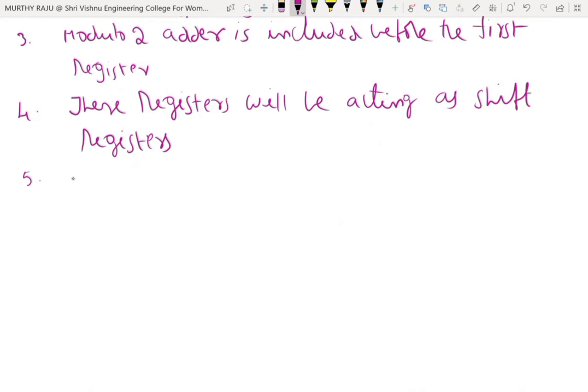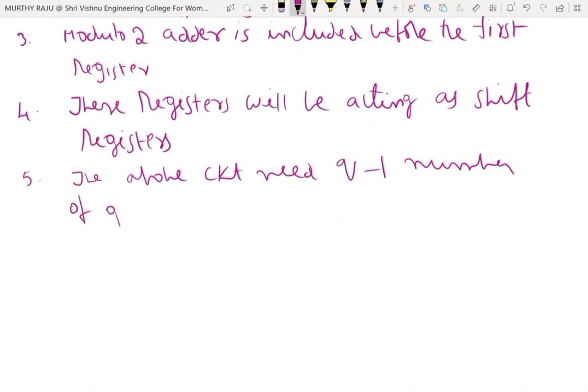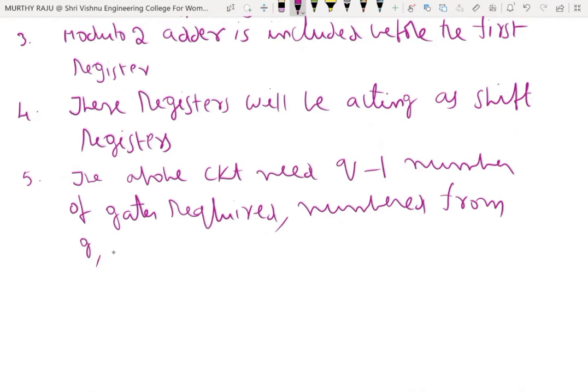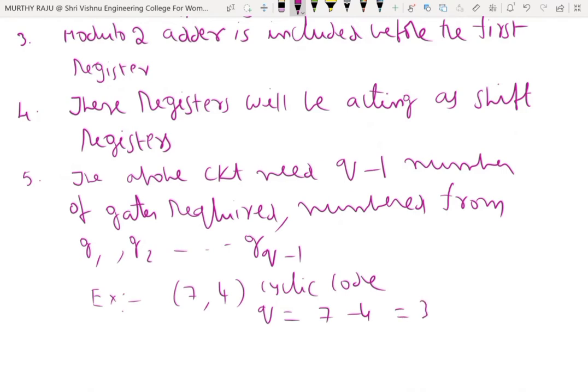Next, we need to design the circuitry. The above circuit needs q minus 1 number of gates, numbered from G1, G2, up to G(q-1). For example, for a (7,4) cyclic code, q is equal to 7 minus 4, that means 3.